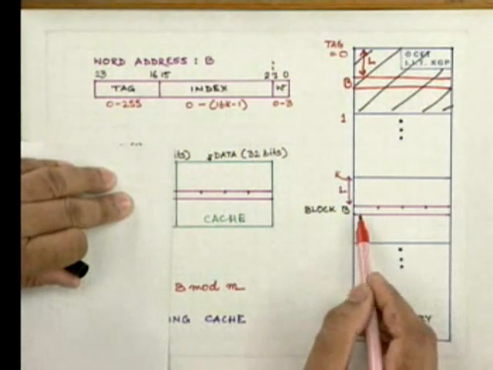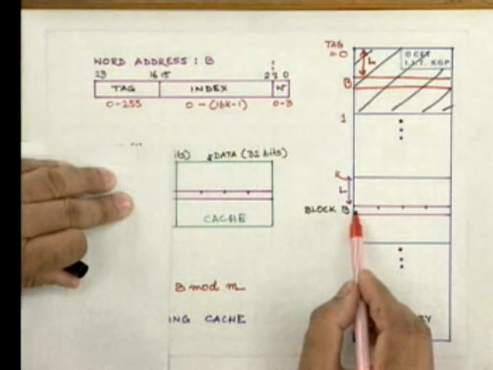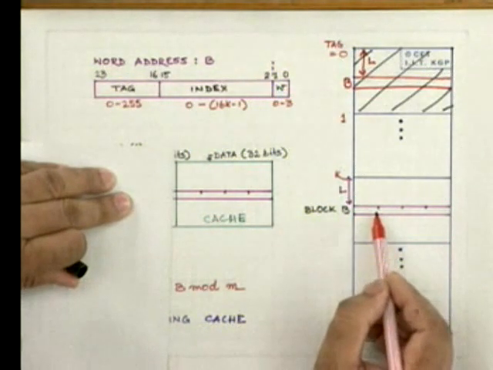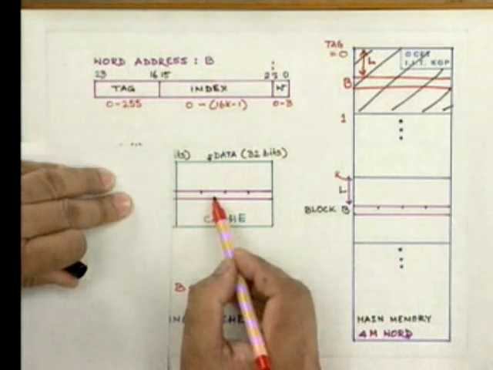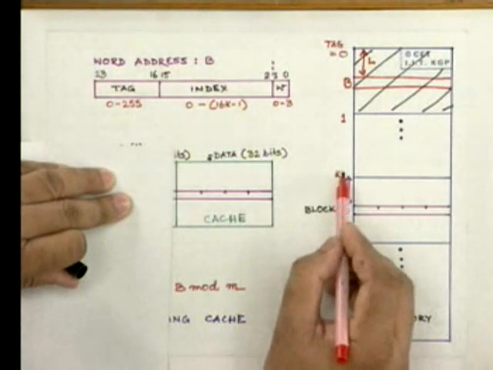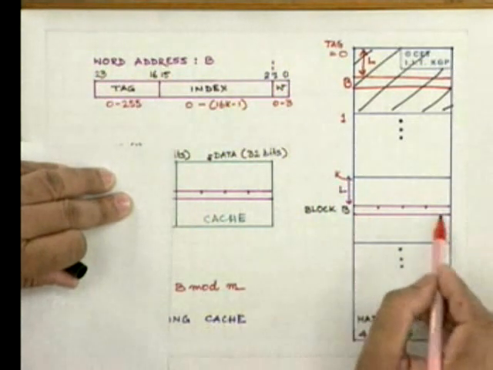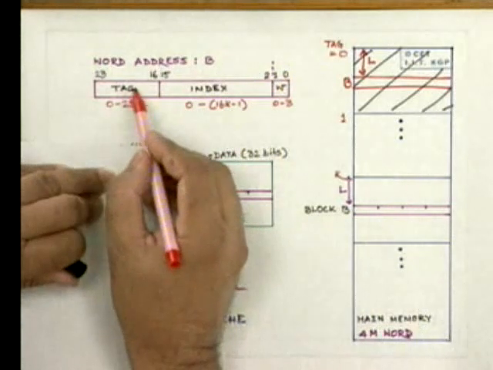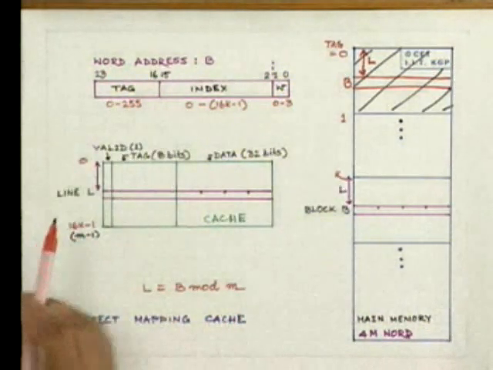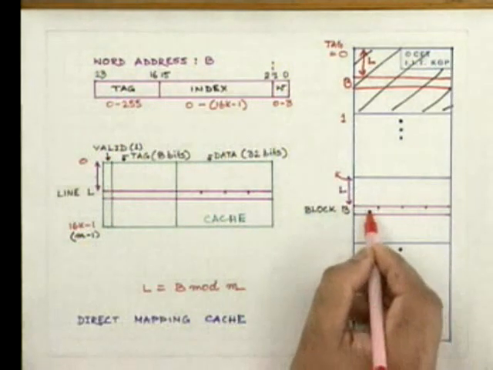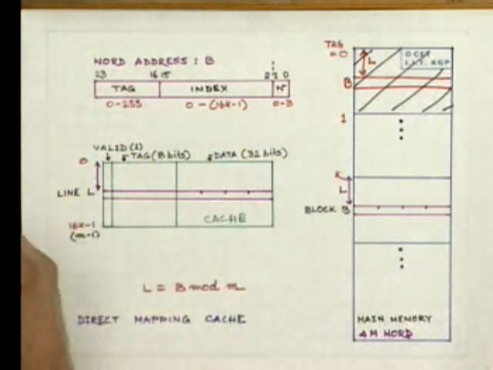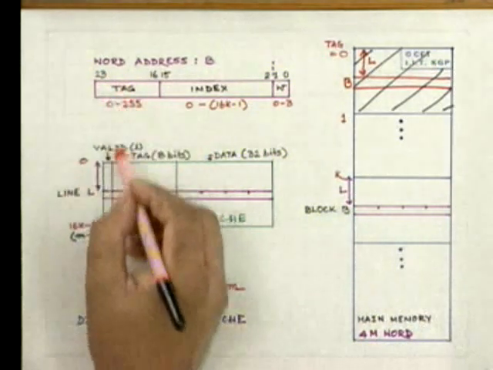Therefore, when we have transferred a word or a block from the main memory into the line of the cache, at the same time we'll have to tell which particular segment's block has been transferred, and that is determined by the tag field in that address field, and when we are copying this block into the line of the cache, that tag field is also copied over to here.